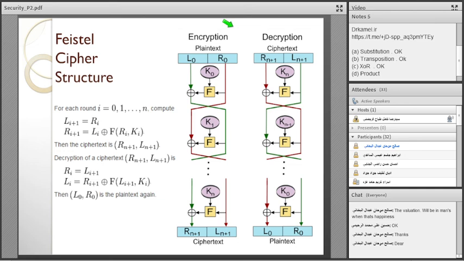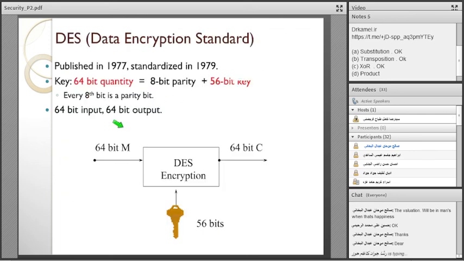For block ciphers we use Feistel. In Feistel you divide the input block into left and right, and then you use the keys. For each level you use the keys in a function with the right one, XOR it with the left one and put it in the right, and the right itself you put in the left. This is the way.